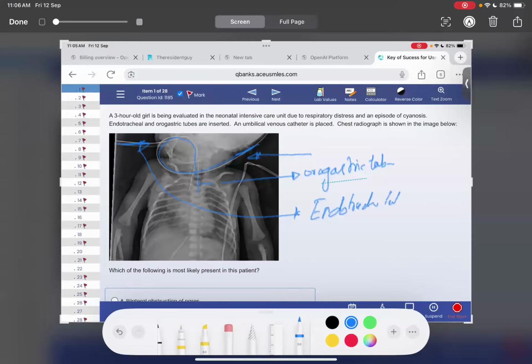Have you noticed the point? This tube has stuck over here. There is no further going of this tube. So which of the following is most likely present in this patient?